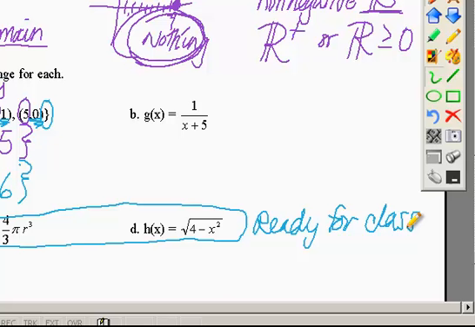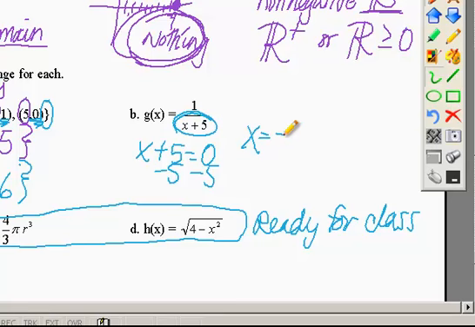As I look here, you have a fraction. You can never have 0 in the denominator of a fraction or it's undefined. So my only restriction here is that I can't have 0 in this denominator. What I'm going to do is set this equal to 0 to figure out when that would happen. I'm going to subtract 5 on both sides.